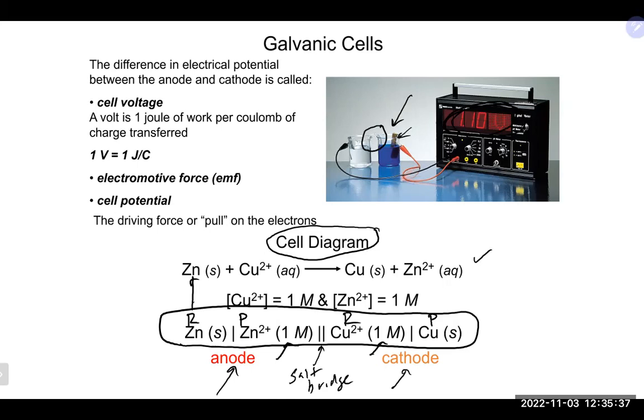And in addition, if it's a gas, sometimes they will also include the pressure of the gas, which, as we talked about in thermodynamics, under standard conditions is 1 atmosphere. A solution has a molarity of 1 molar. So this would be a standard condition galvanic cell because the concentrations of everybody are 1 molar. As we'll see later in this chapter, when it's non-standard conditions, there are some other calculations you have to do, very similar to what we saw with thermodynamics.